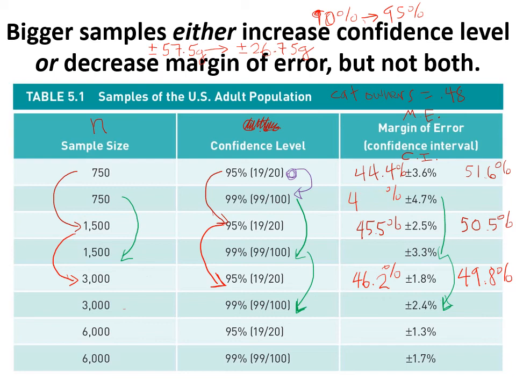So 48 minus 4.7. So 48 minus 4 is 44. Okay, yep. So that will give us 43.3% to 48 plus 4.7, 52.7%.